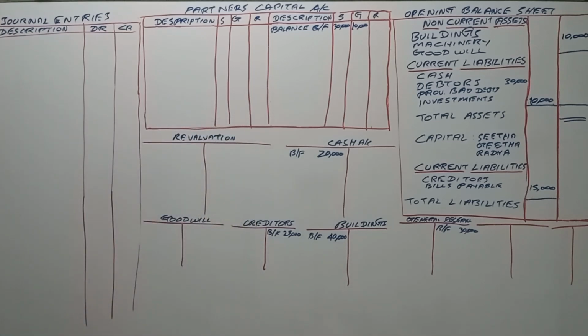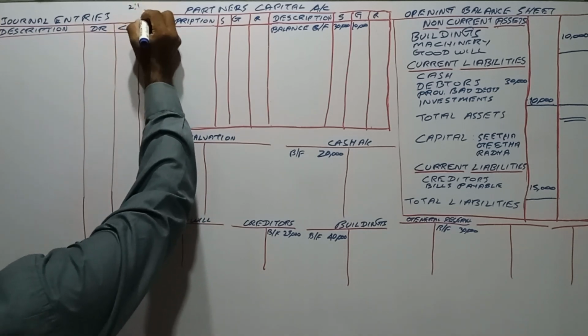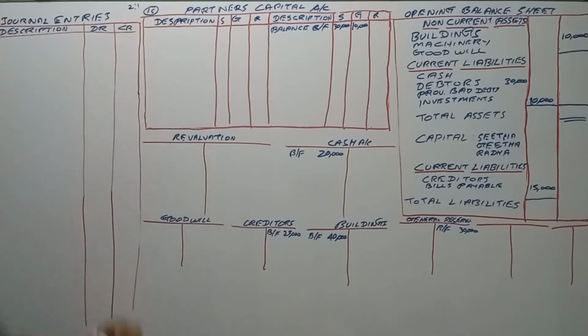Sita and Geeta are partners sharing profits and losses in the ratio of 2 is to 1. This is part 16. Their balance sheet as on 31st March 2020 was given below.